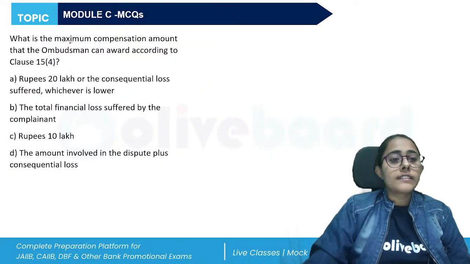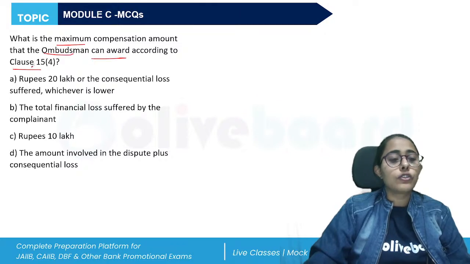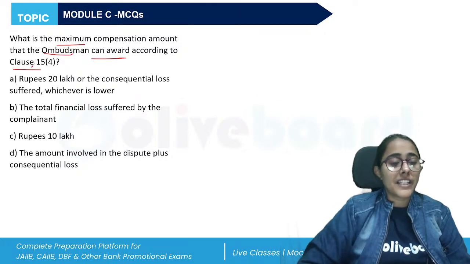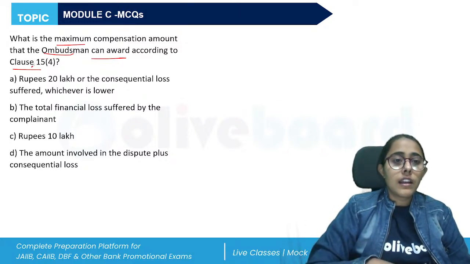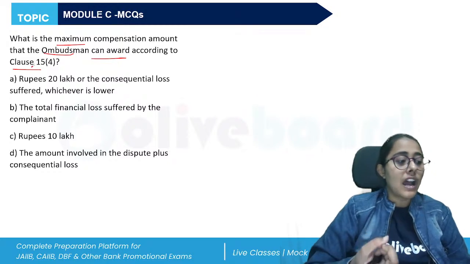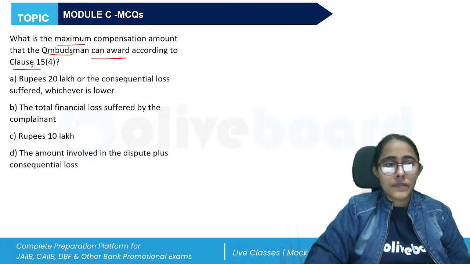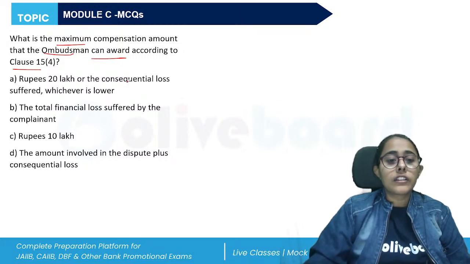Then, what is the maximum compensation amount that the ombudsman can award according to clause 15 subsection 4? So under clause 15 subsection 4, the maximum amount, we just said what is an award? An award is made by the ombudsman after all the proceedings have been done. So what is the maximum compensation? Rupees 20 lakh or the consequential loss suffered, whichever is lower.